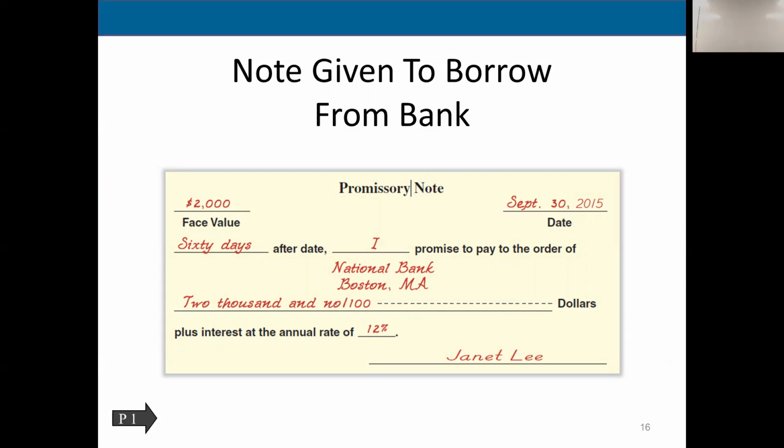Terms are written out, there in the middle, 60 days after date, and the borrower's name is gonna be right there under I, promise to pay in order of, the recipient is gonna be listed next, and then we're gonna write out the amount, $2,000, is written out to match what's up in the upper left corner. Okay.